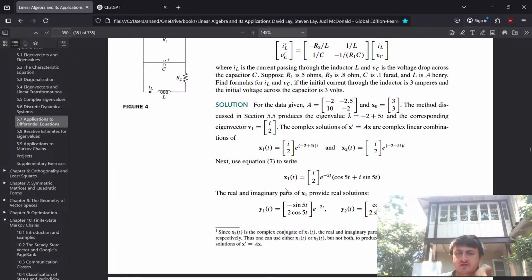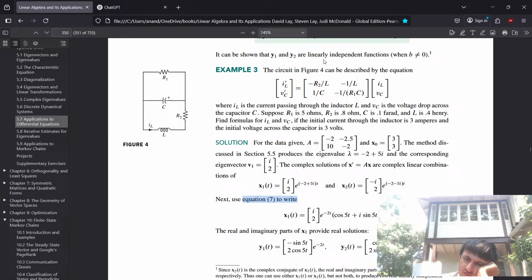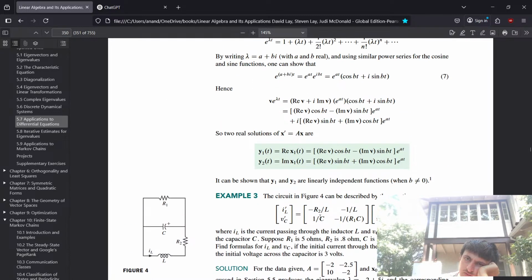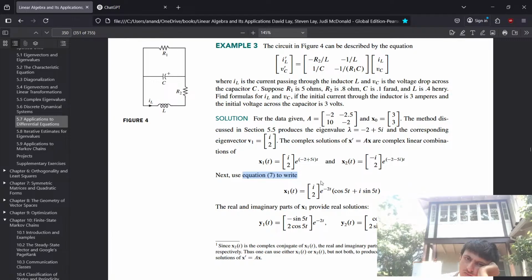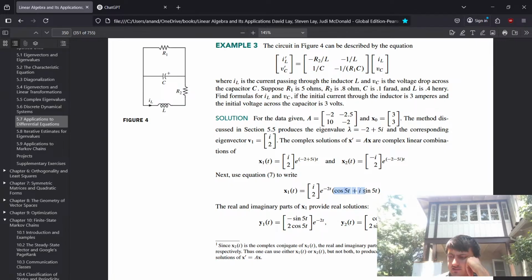What did they do here? They said next, write equation 7 to write. Okay, so they take the imaginary part and they write it as this, because e to the ix is equal to cos x plus i sine x.